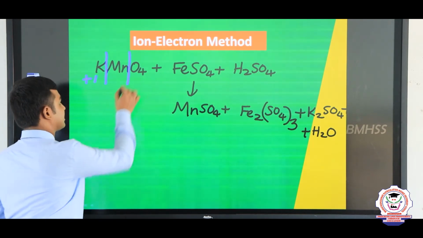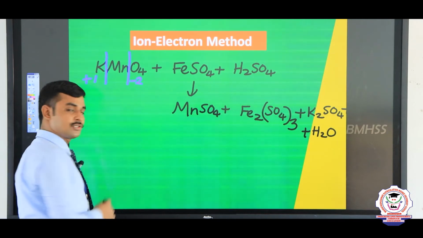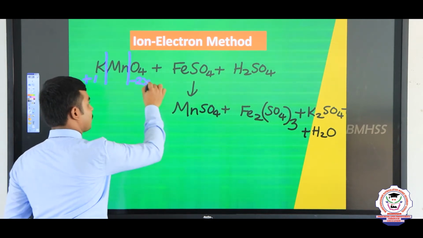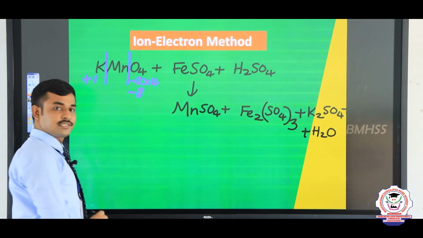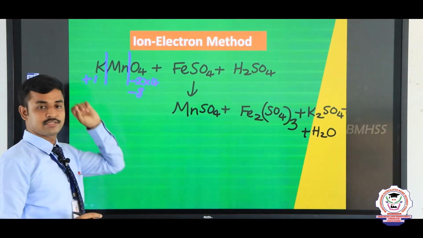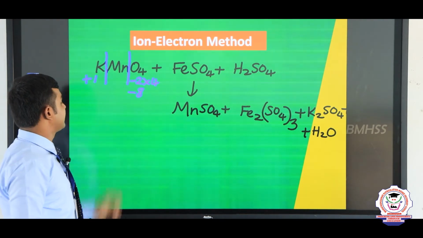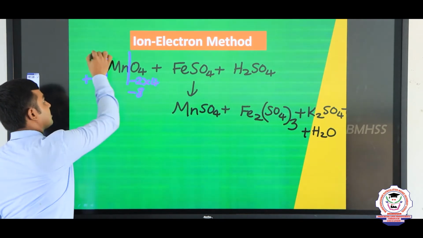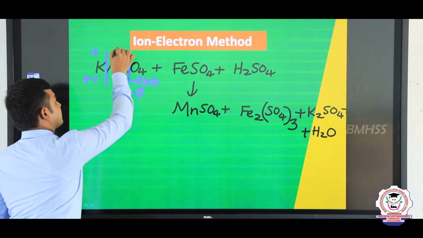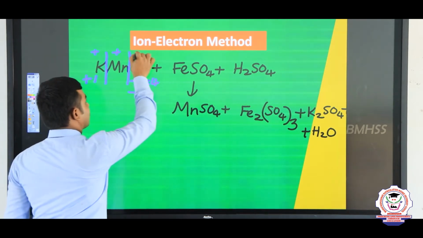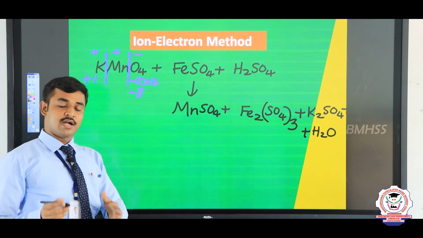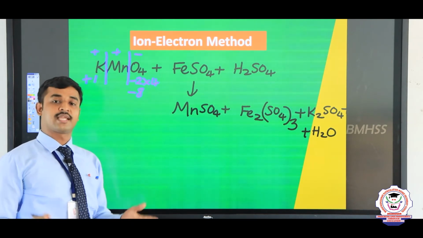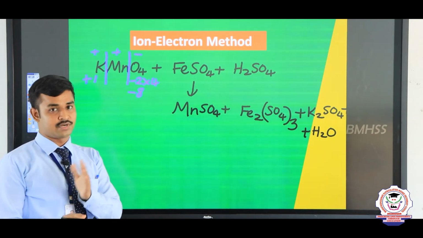And what about oxygen? It has a -2 oxidation state. We have 4 oxygen atoms, so -8 is the total oxidation state of the oxygen atoms. For manganese, we have a plus ion potassium, a plus ion manganese and minus ions of oxygen. Equal numbers of plus and minus ions can combine to form a neutral molecule.